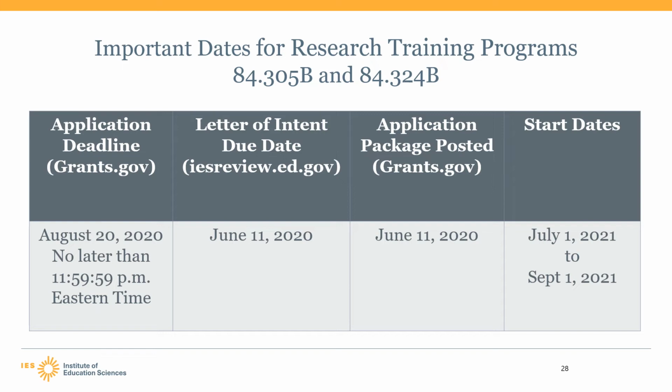Applications must be received at grants.gov no later than August 20th, 2020 at 11:59 p.m. Eastern Time. Letters of intent are due on June 11th, and the application package will be posted on grants.gov on June 11th as well. The possible start dates for the award are between July 1st, 2021 and September 1st, 2021.